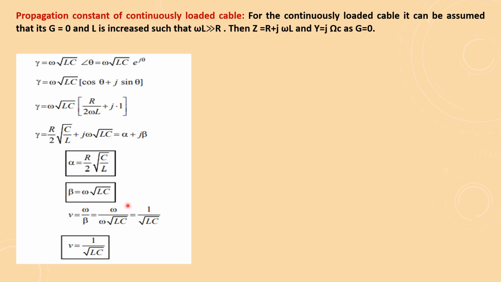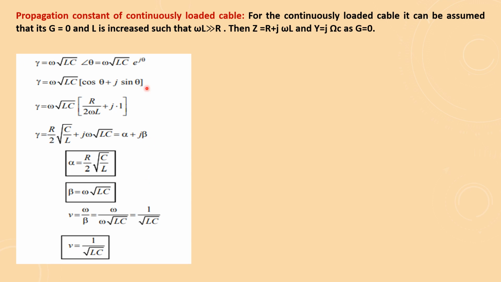If you look into this equation, alpha is totally independent of frequency; there is no frequency term at all. Similarly, velocity of propagation is also independent of frequency; there is no omega term in this equation. The second condition is that the beta value should be a direct function of frequency, since omega is nothing but 2 pi f. Only this way can we achieve the distortionless line condition.